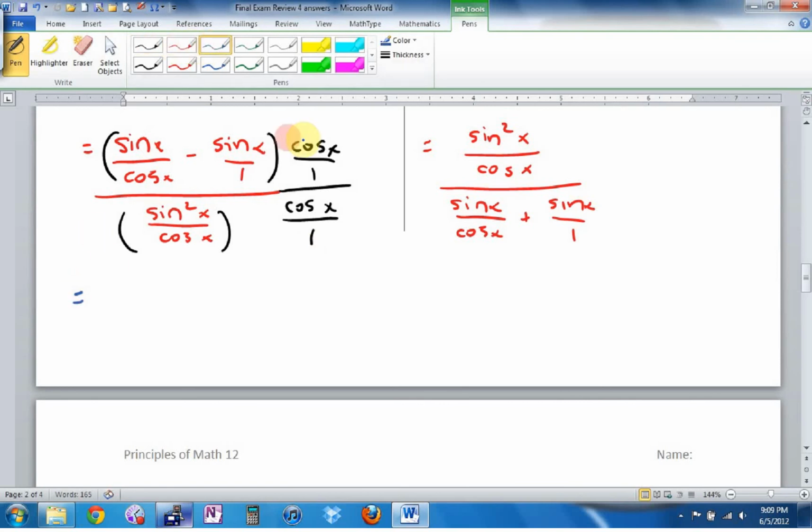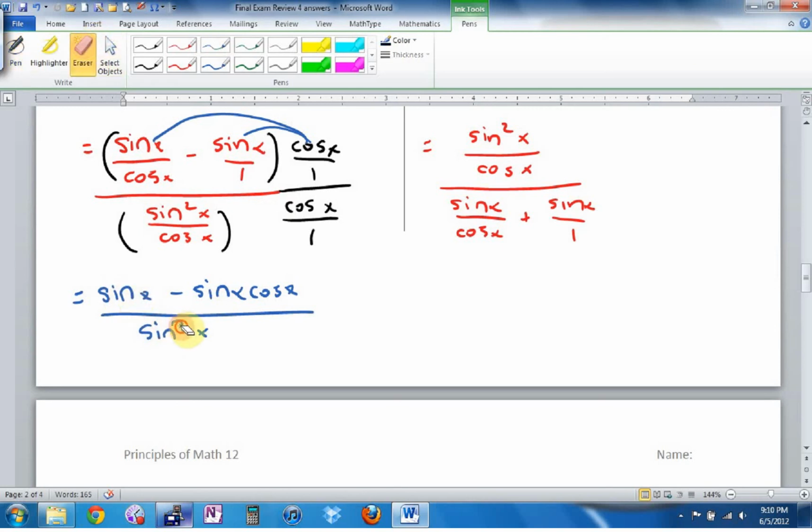When I do that, in the first term, a cos is going to cancel. I'll get sine x minus sine x cos x all over sine squared. I notice, can I cancel? No, it's not factored. I do notice that there is a GCF that I can factor out. Yay! On the top, I can factor out a sine, which may help.